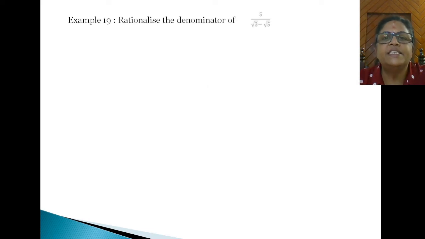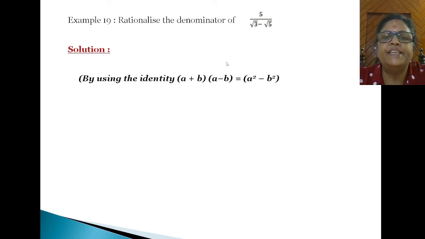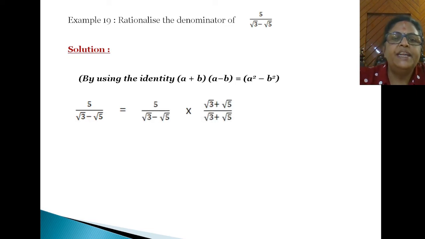Next one: rationalize the denominator of 5 by root 3 minus root 5. Here we will multiply the numerator and denominator by root 3 plus root 5, using the identity a plus b into a minus b is equal to a squared minus b squared. So 5 by root 3 minus root 5 is 5 by root 3 minus root 5 into root 3 plus root 5 by root 3 plus root 5. The numerator is 5 into root 3 plus root 5.